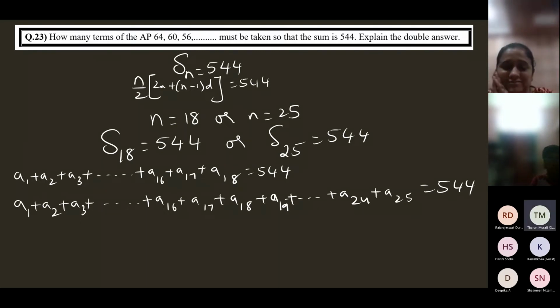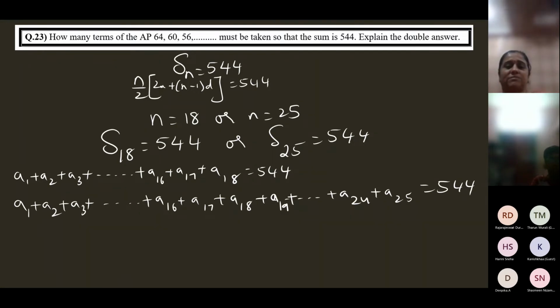Yes, ma'am. A1 plus A2 plus A3. So you will go past A18, A19, 20, 21, 22 till 25. The sum of the first 25 terms is 544. Okay, how is this possible? When you add more numbers, the sum should change; now this is a decreasing AP, so the sum probably should decrease.